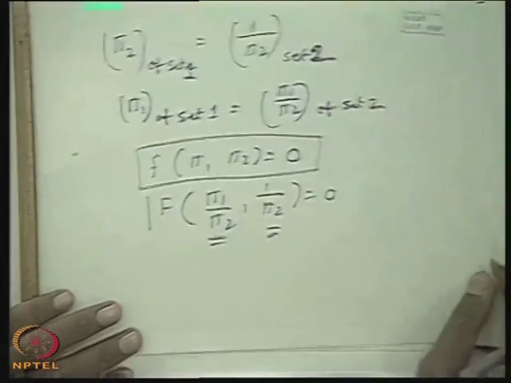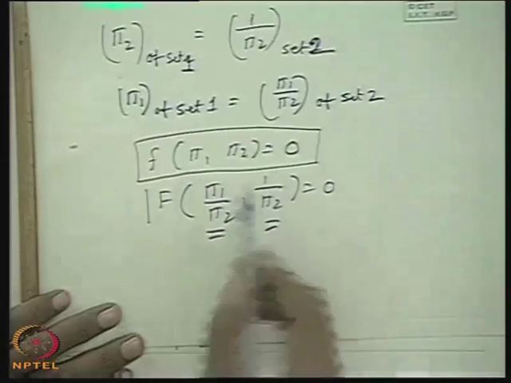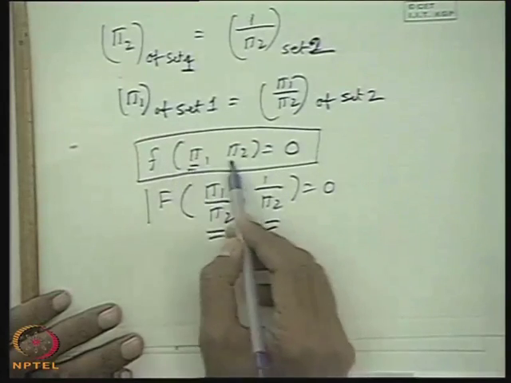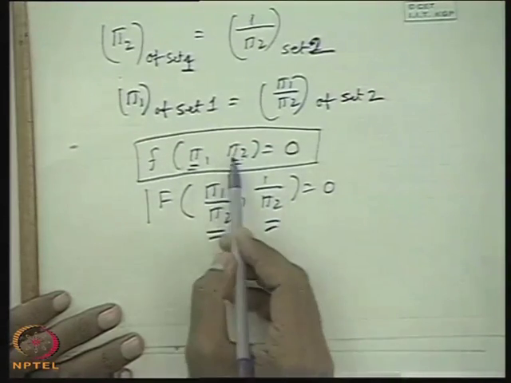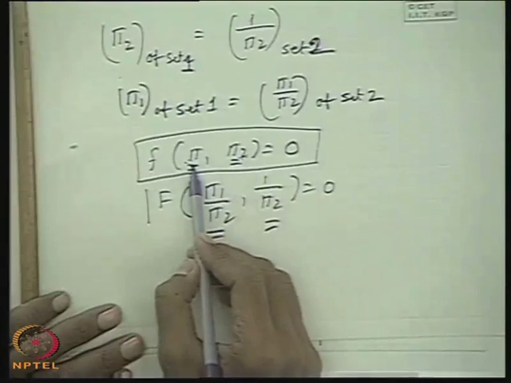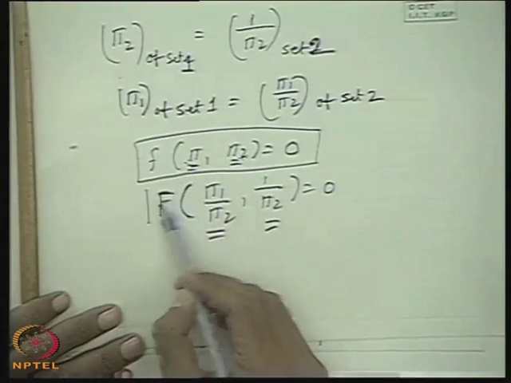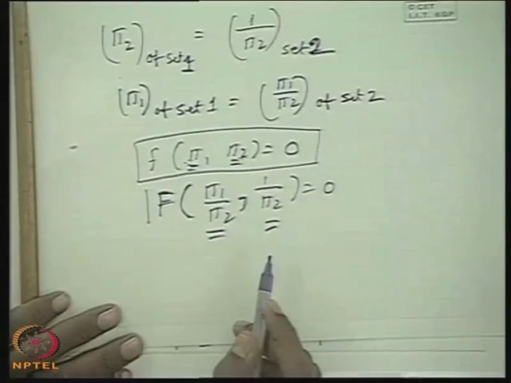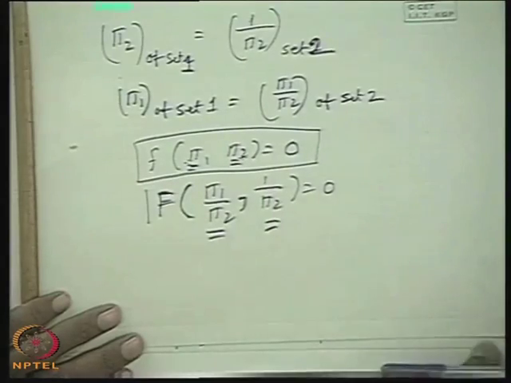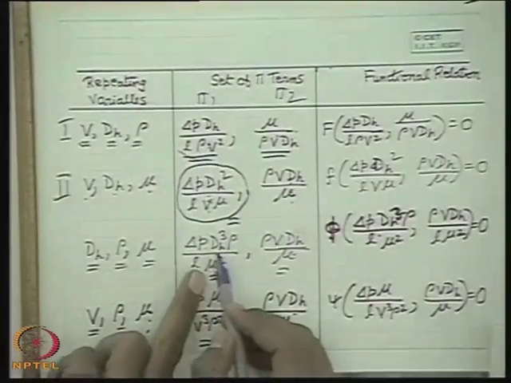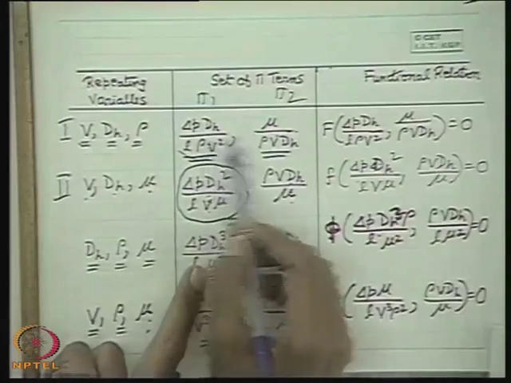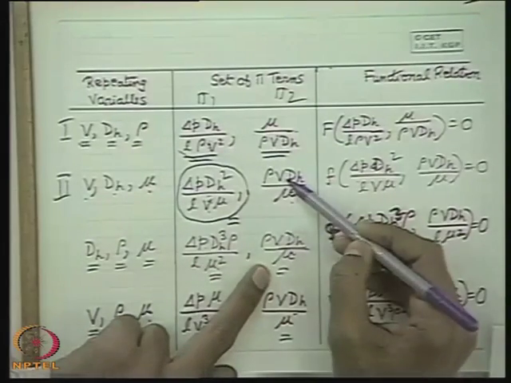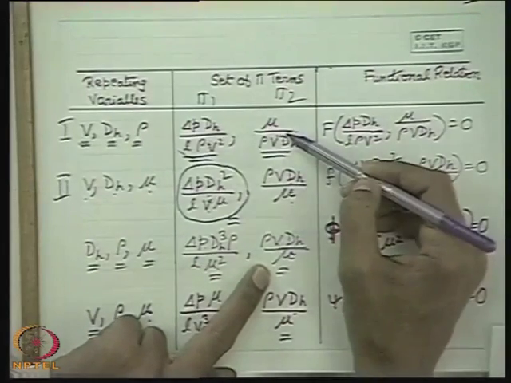So this has become a rule or a corollary that if we land up with any number of pi terms, a combination of these pi terms will also be a valid functional relationship, keeping the number of pi terms same. So you will see this way, some sort of combinations between these pi terms will be, that means this pi 2 same as this pi 2, but 1 by this pi 2 is equal to this pi 2.